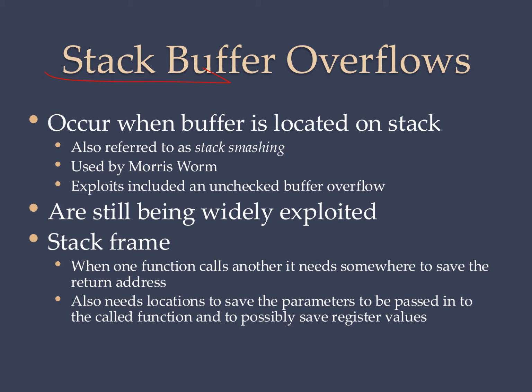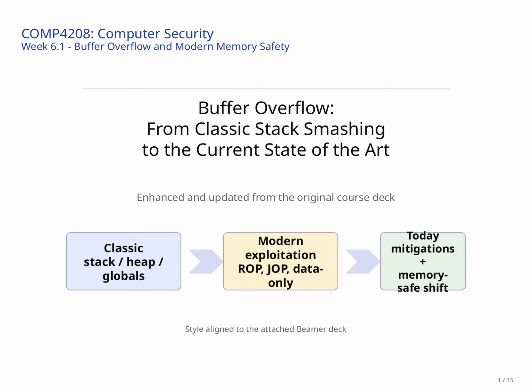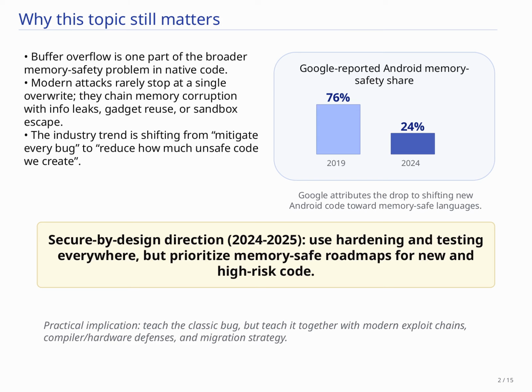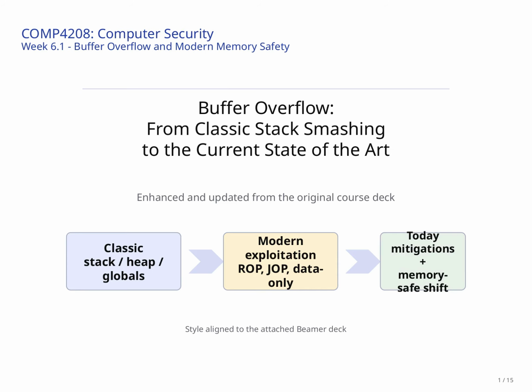So the stack buffer overflows. Okay, before that, I want to continue with this state of the art part. So the buffer overflow is turning from classic stack smashing to the current state of the art.